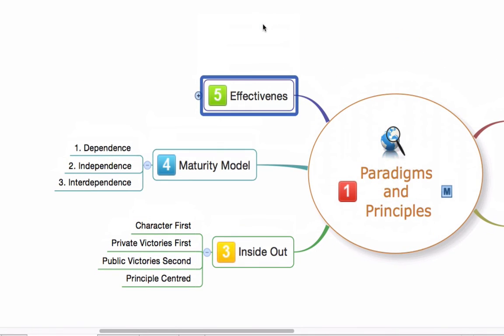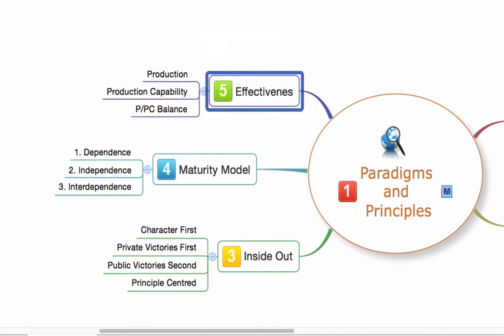The book wants to make you more effective. After all, that is the title. But what is effective? What is effectiveness? Stephen R. Covey defines it as PPC balance, production and production capability balance. And I'll use a simple example that we can all understand. That is your car. The production ability of your car is to actually drive it.